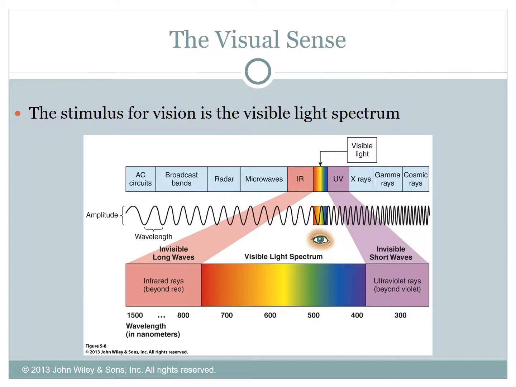The visual sense is perception of a tiny piece of the electromagnetic spectrum called visible light. The visible light spectrum is actually extremely small. If you lined up the electromagnetic spectrum with, for instance, alternating current circuits in Los Angeles Harbor and cosmic rays in Boston Harbor, you would find the visible light spectrum in a relatively small area in Missouri.